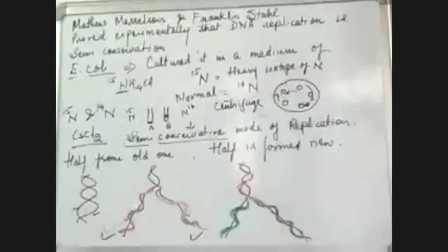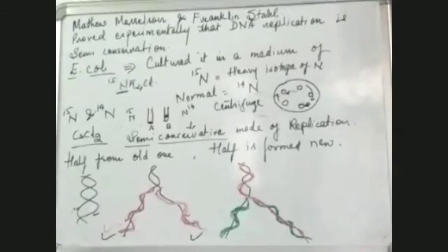They cultured the E. coli in the medium of N15. First of all, they cultured it using the medium N15 only. A group, a colony of E. coli was taken. We speak in terms of colony. A colony of E. coli was taken and cultured in a medium having N15 till the time that both the strands of DNA got N15 in them.